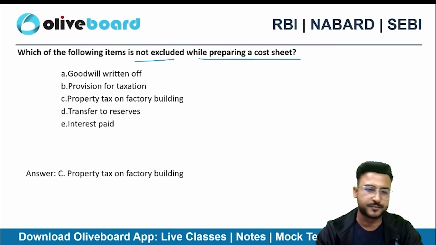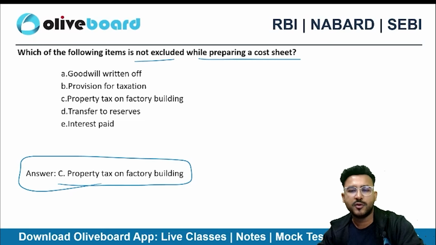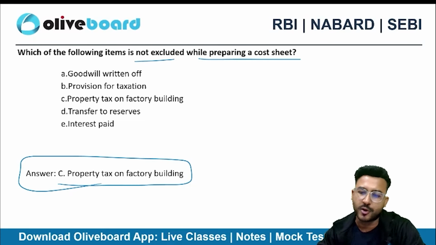Correct choice here will be property tax on buildings, right? Rest all the things are financial accounts items, not cost accounts items, right?